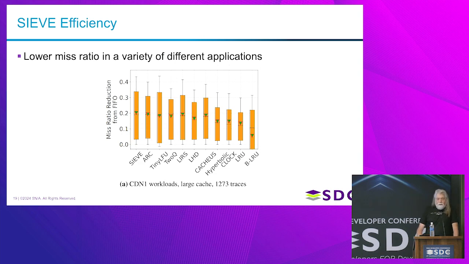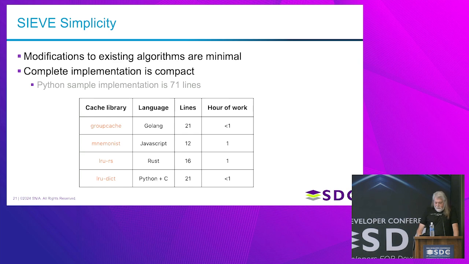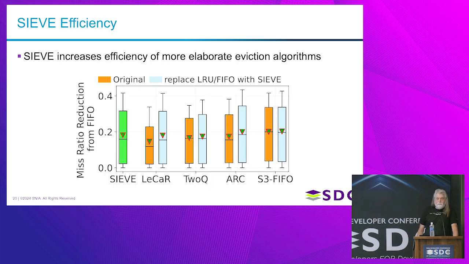And additionally, she tried it out and said, hey, what if we use this eviction algorithm instead of LRU or instead of FIFO in some of the more complex eviction algorithms, some of the ones that do much more computation but still have to have some way of deciding what to get rid of.